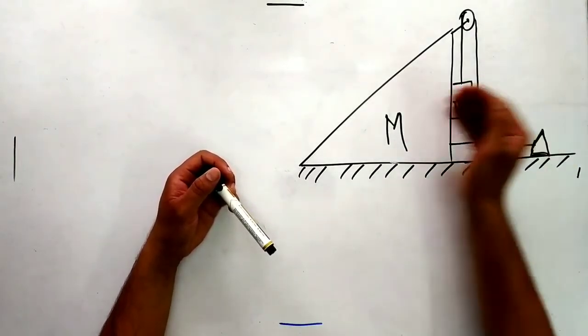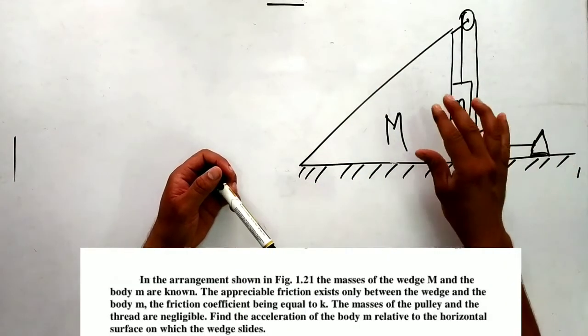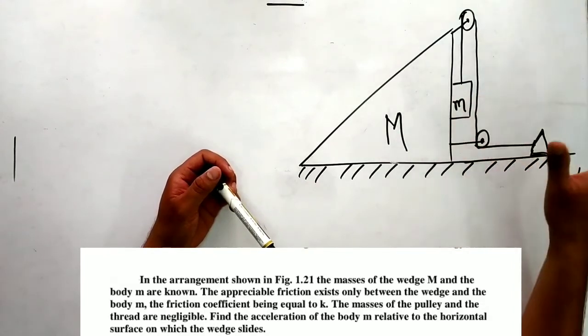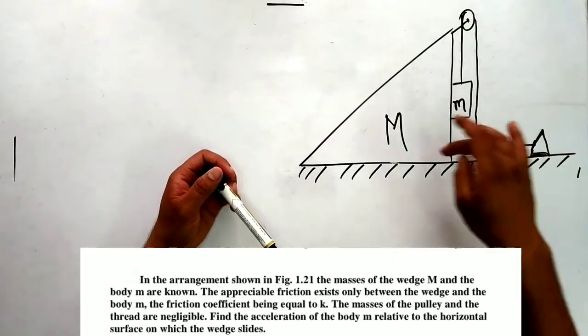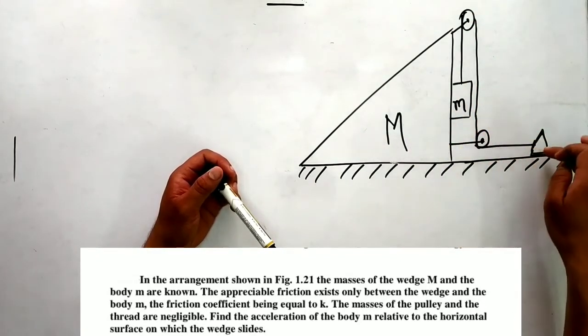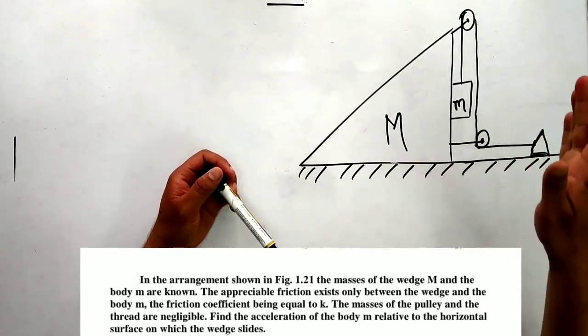Okay, so the system here is that we have a large mass M and a small mass small m, and the arrangement is like this. There are 2 pulleys attached to capital M, and there is a fixed support out here for the thread.